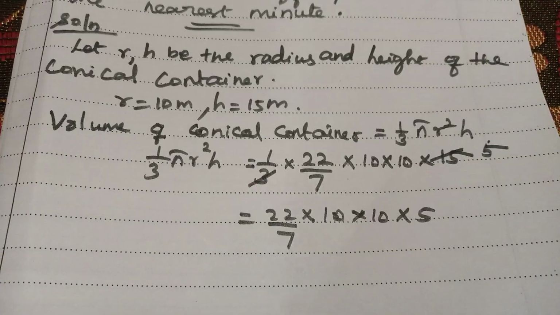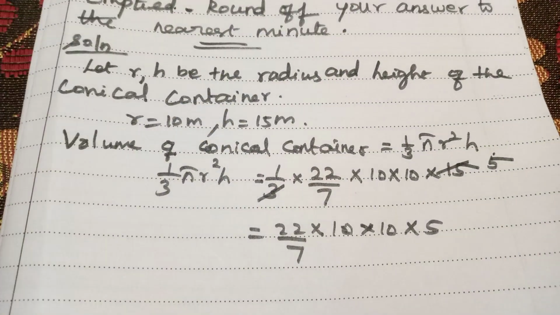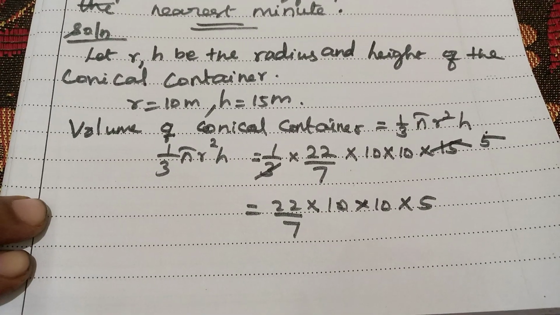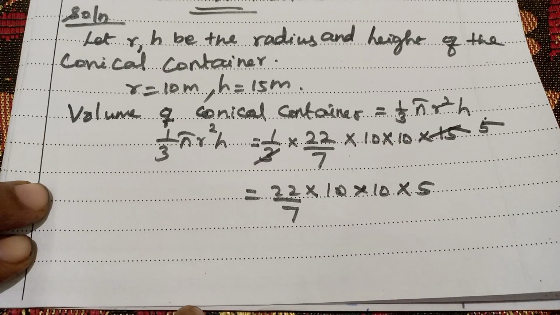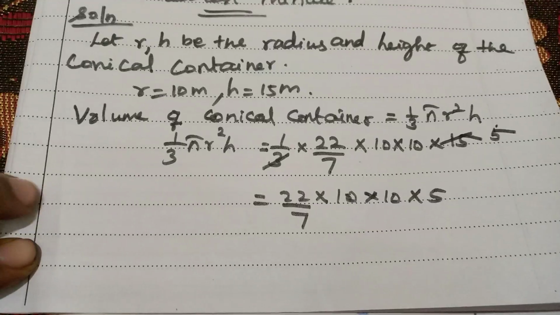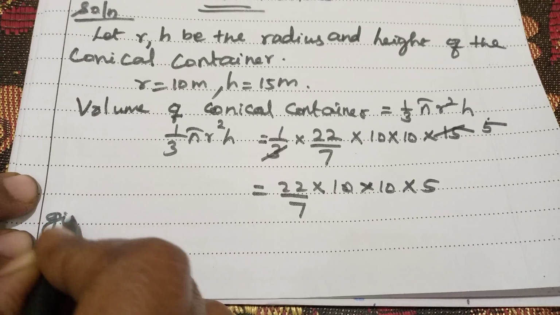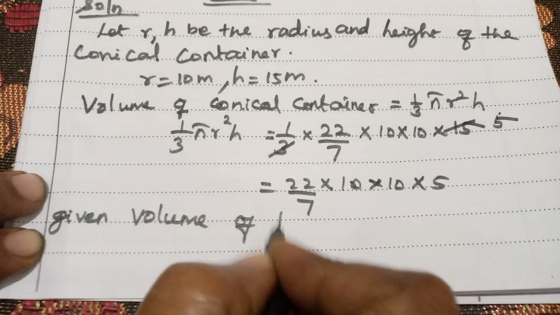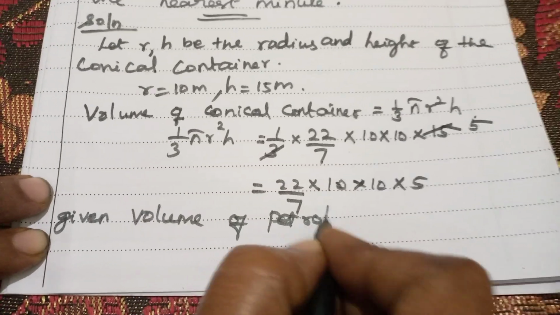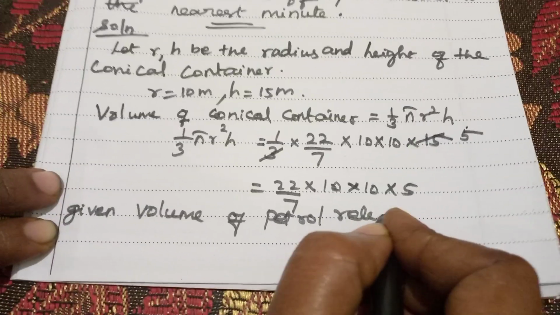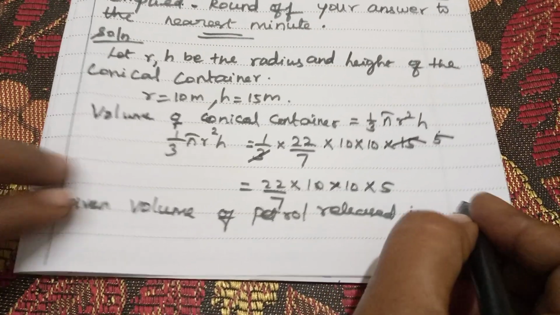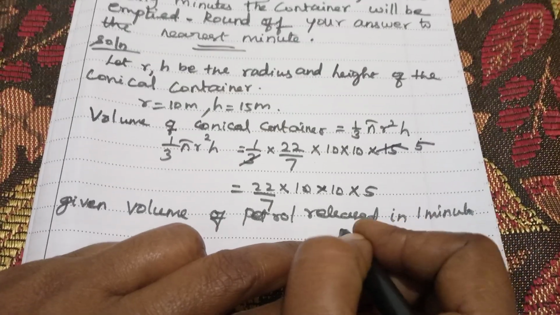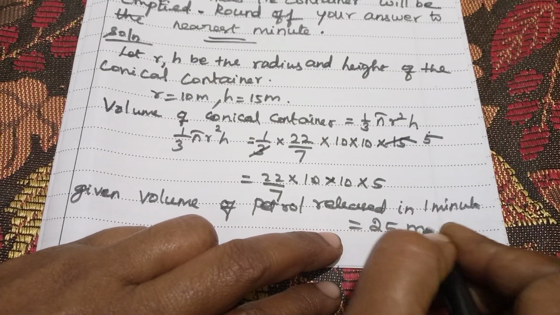We have to find when the cone will be empty. So the volume of petrol released in 1 minute is given, 25 cubic meter or 25 meter cube.